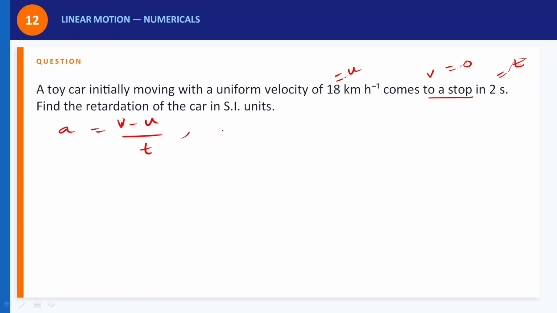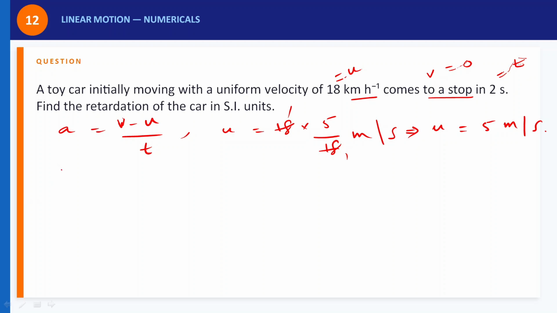I will write u equal to 18 km per hour. 1 km per hour equals 5 by 18 meter per second. The 18 cancels, so the initial velocity u equals 5 meter per second.